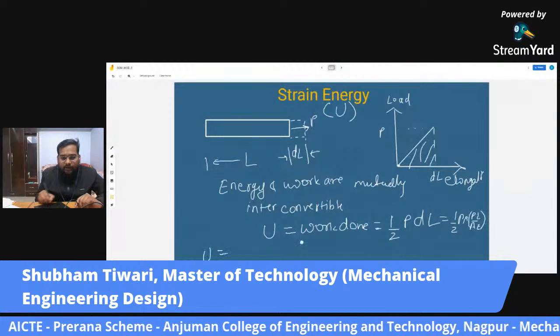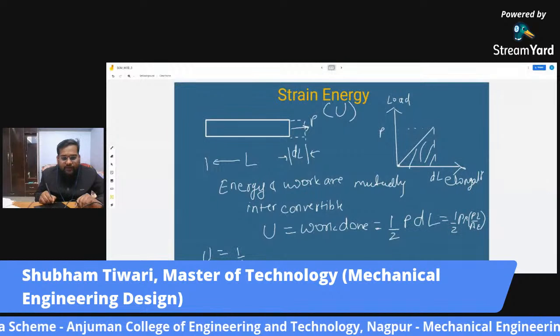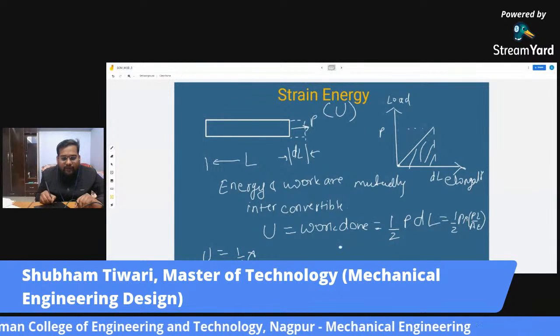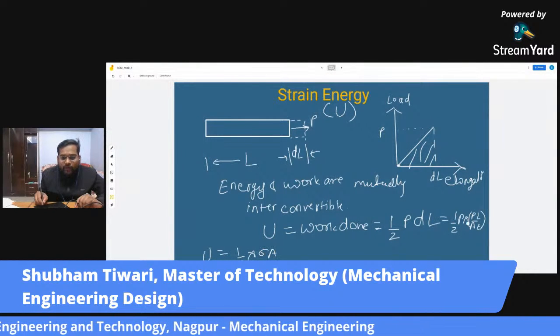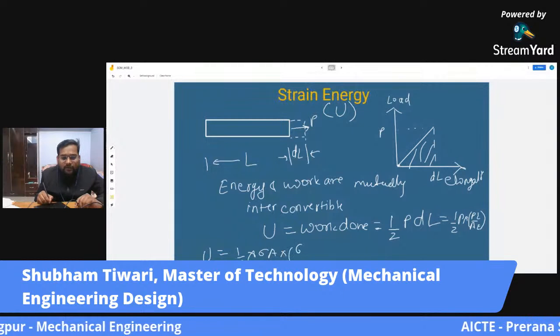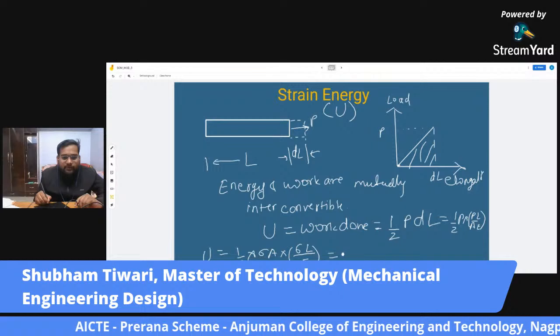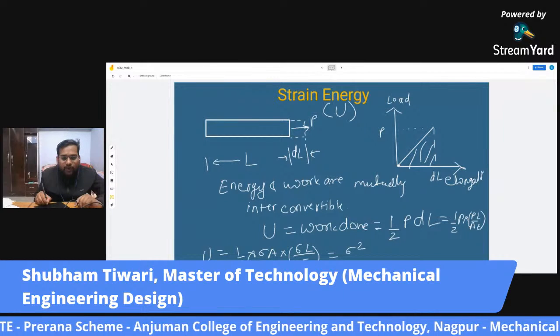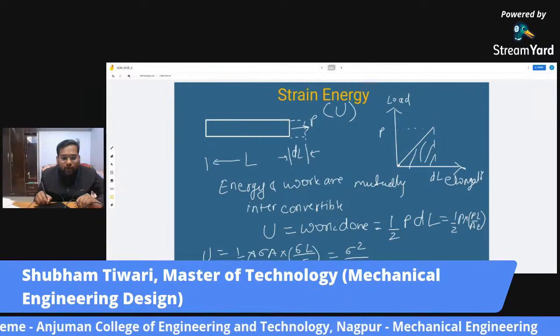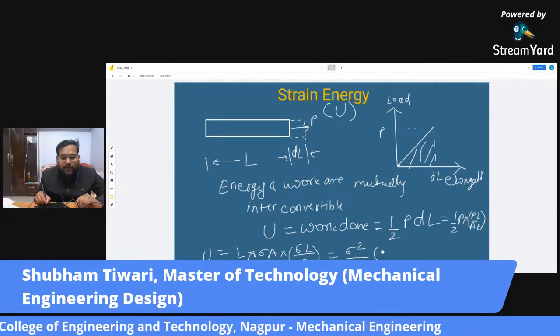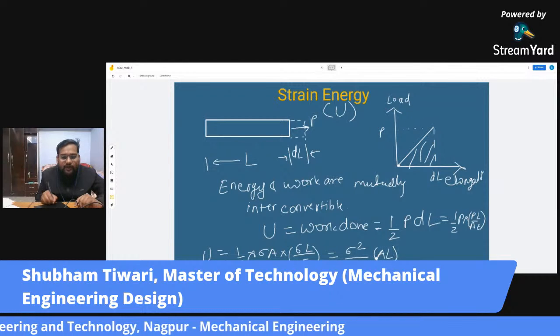So the half will come as it is. Now this load P can be written as stress into area, and P by A can be written as sigma, the stress, into L by E. So ultimately this equation will become sigma square upon 2E multiplied by cross sectional area into the length.